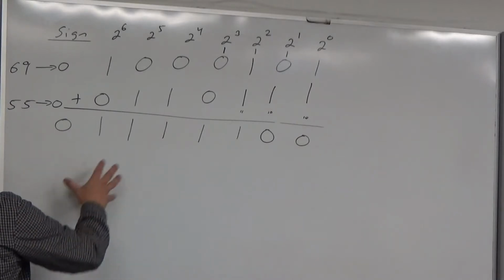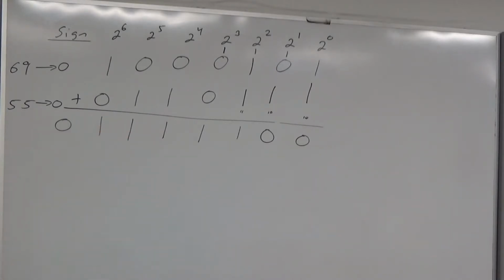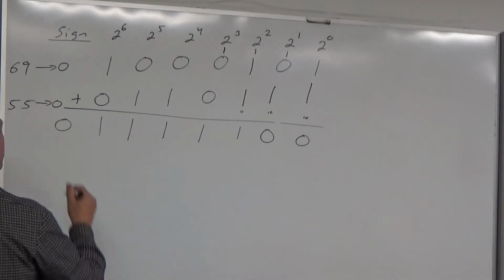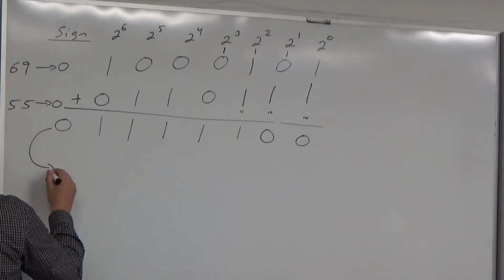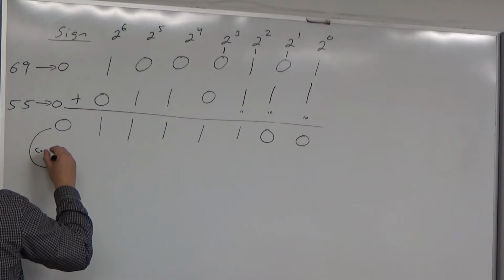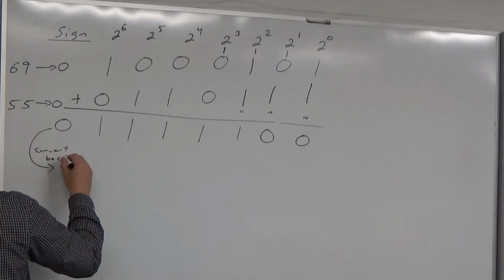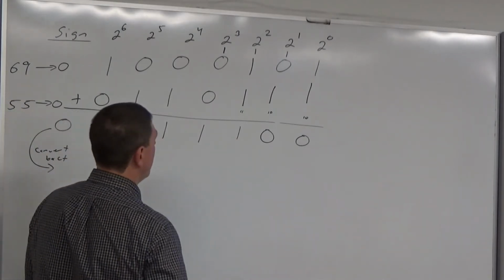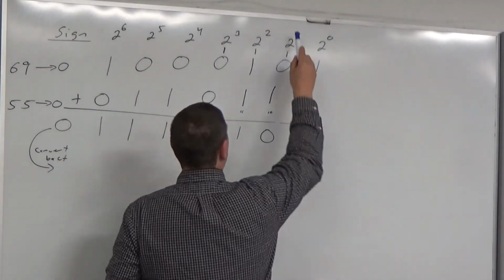So the last thing a computer would do is spit out your answer, right? To spit it out, doesn't it convert it back into decimal? So let's do that. The last thing it's going to do is convert back. Nothing here, nothing here.